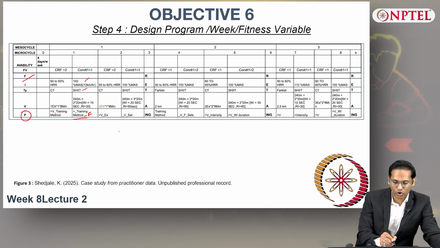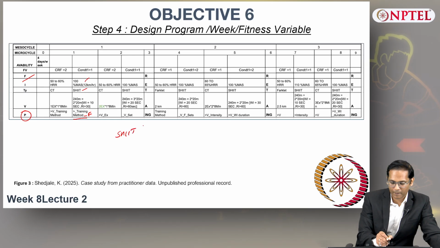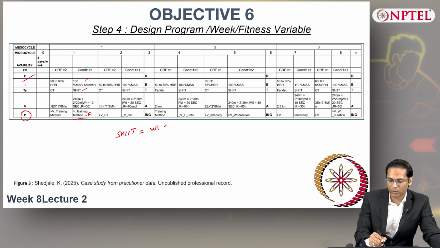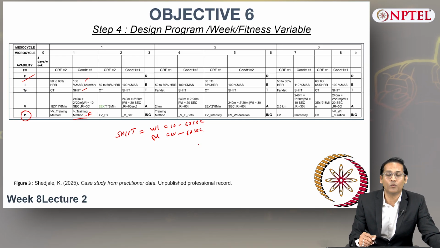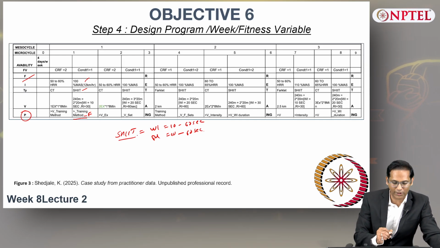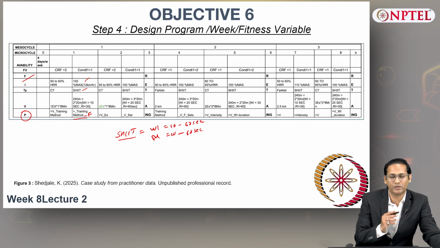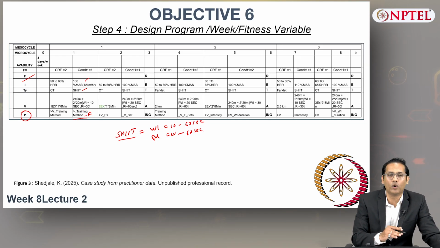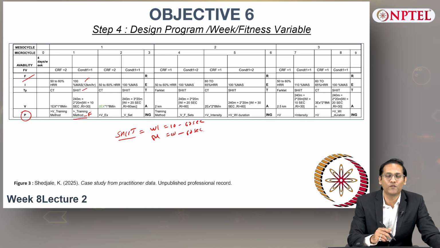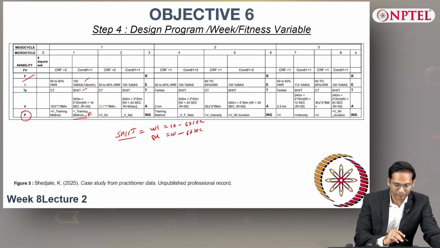So now for short HIIT, the work interval is 10 to 60 seconds and the rest interval is 10 to 60 seconds. That is the recommended work interval when you execute a short HIIT. So you start with a 10 seconds prescription and rest interval of 30 seconds. So here you give a 1:3 work to rest ratio, again because the athlete is doing it for the first time.